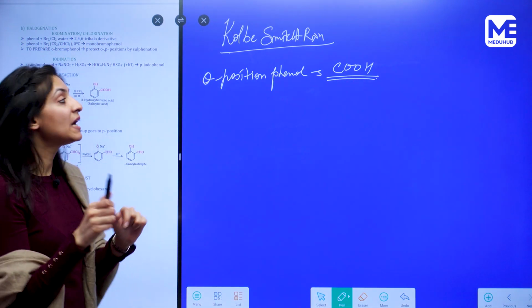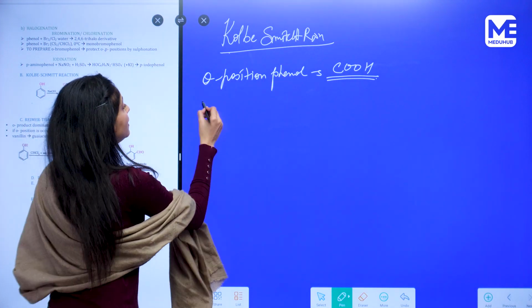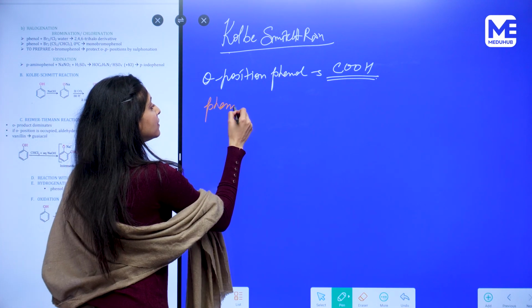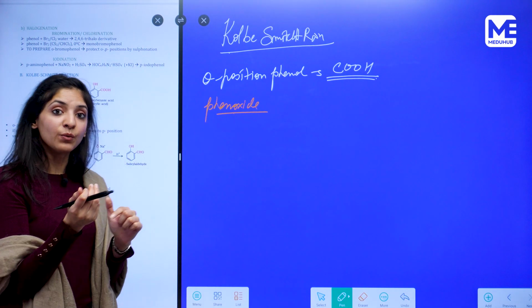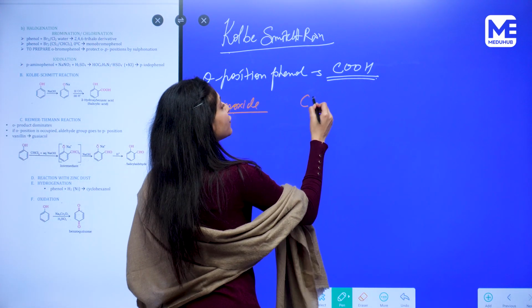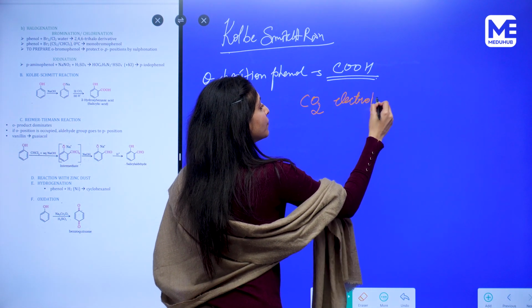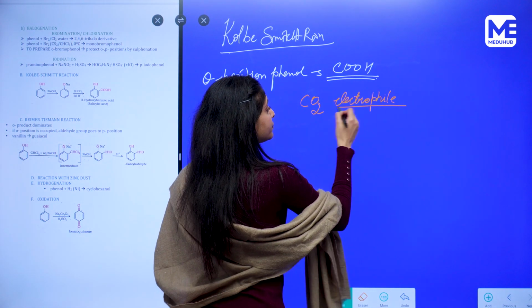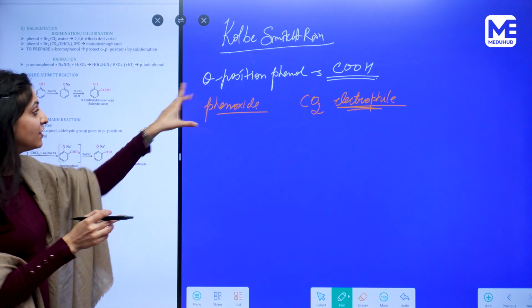First, we convert a phenol to a phenoxide ion. Since a phenoxide ion is more activating, even a weak electrophile like CO2 gets attached, gets substituted in the benzene ring.